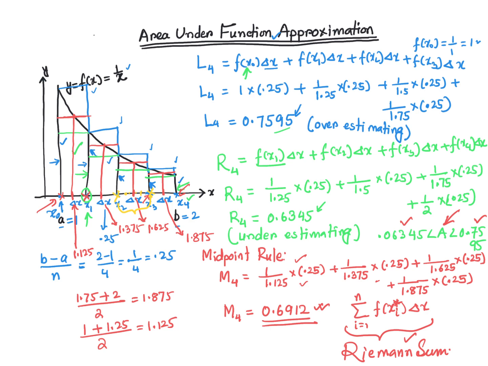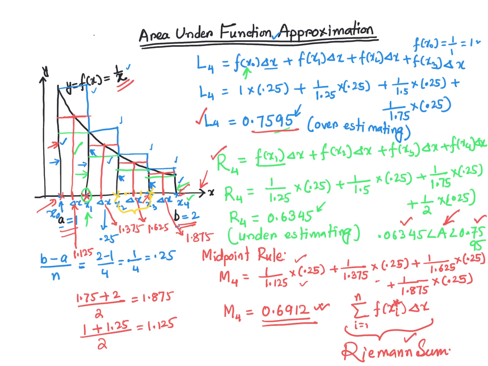So what did we do? We took a simple function, 1 over x, and we tried to approximate the area under this function and above the x-axis, between a equals 1 and b equals 2. We did that by using the left sum, considering the left side of the rectangle as the height, with the width delta x for every one of them, and we got this number.